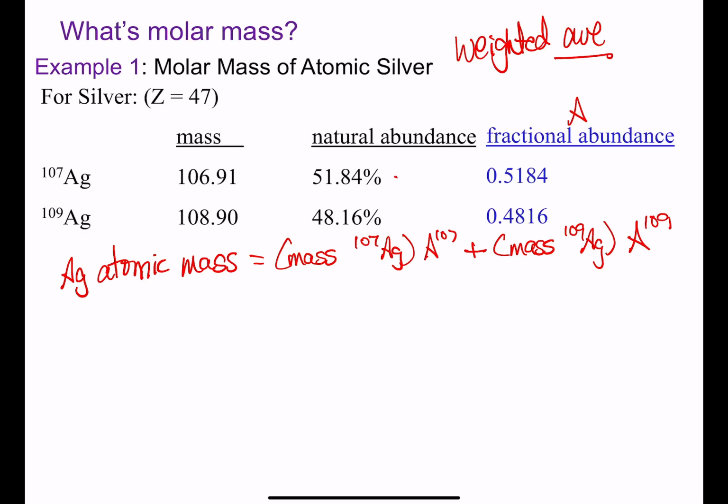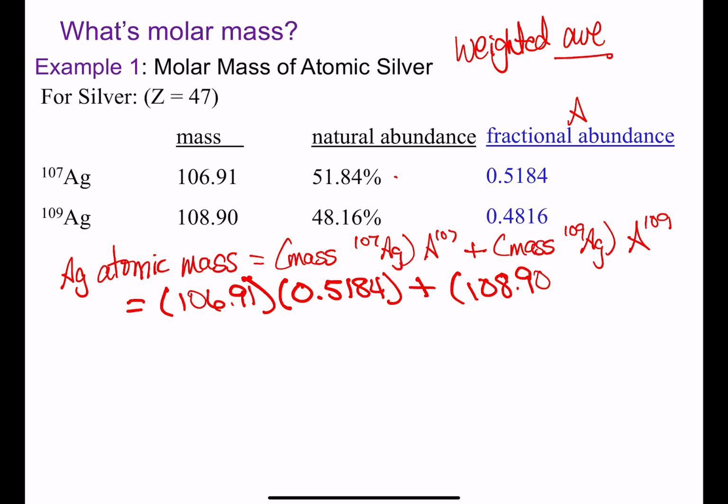So let's put in some actual numbers. Our mass for silver 107 is 106.91, and its fractional abundance is 0.5184. And the mass of silver 109 is 108.90, and its fractional abundance is 0.4816.